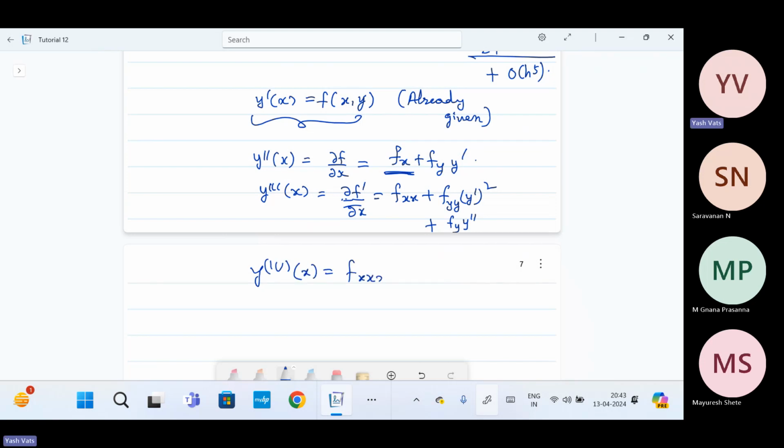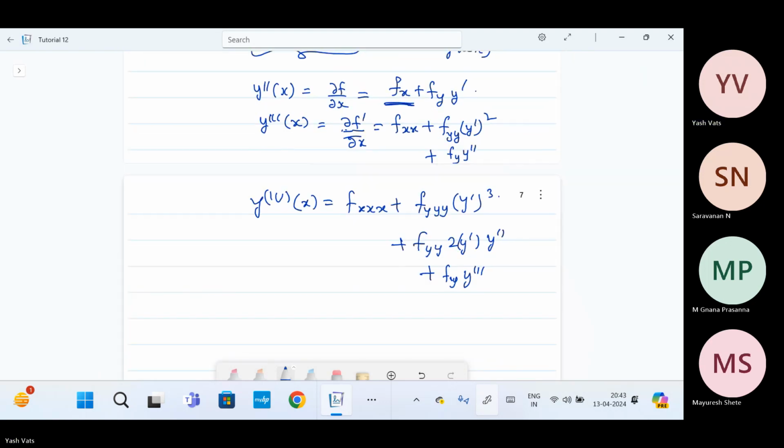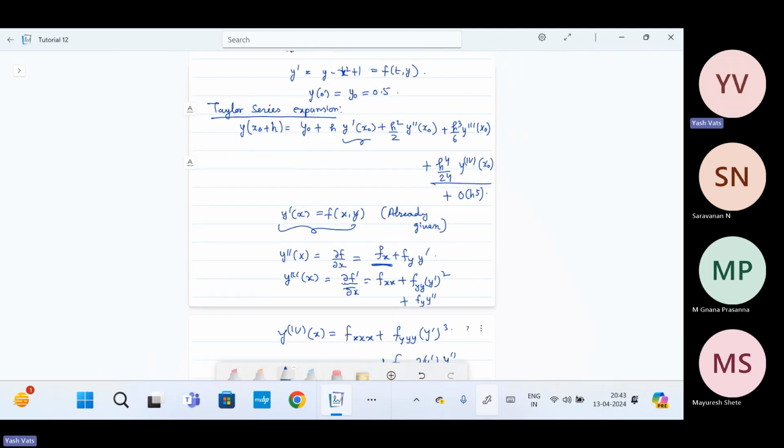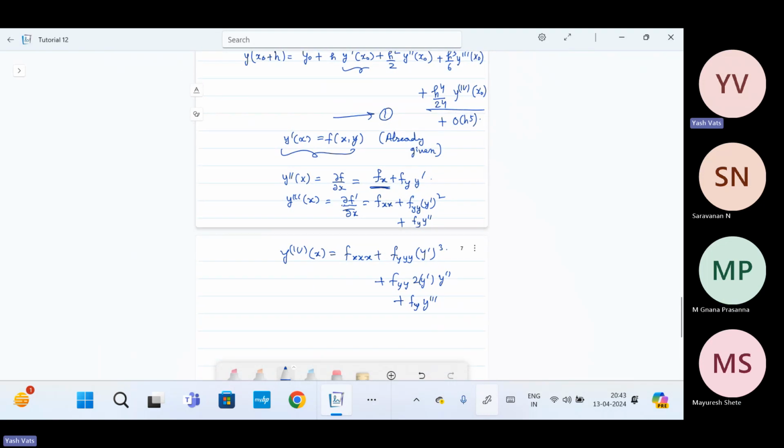f triple x plus fyy y prime cube plus fy 2 y prime y double prime plus fy y triple prime. Do you understand this? Then once you get these expressions, you need to substitute in the first equation to get your desired value.